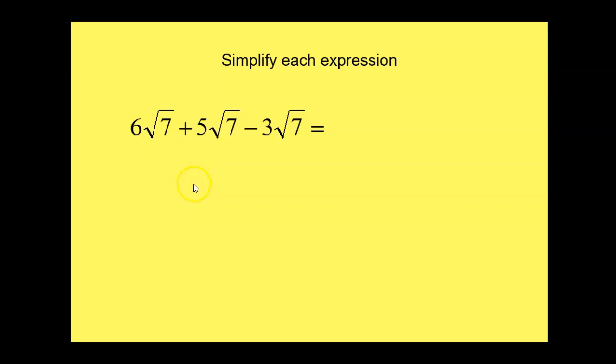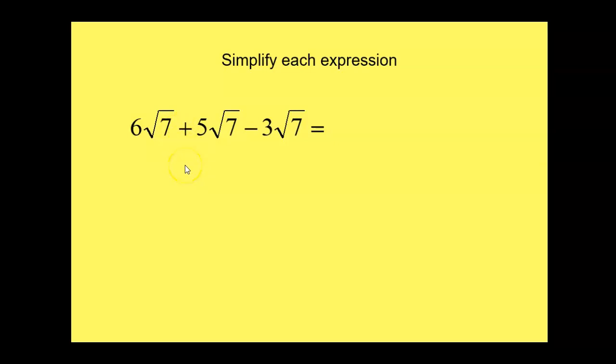Like terms in radical land means that they have the same number under the radical, that number called the radicand, or the base number that's underneath here. That number has to be the same, as well as the root has to be the same. So since all of these are square roots and all of them have 7 under the radical, these are like terms and we can add them or subtract them.